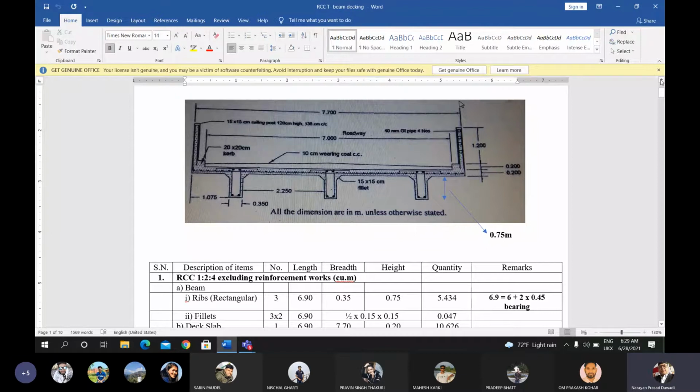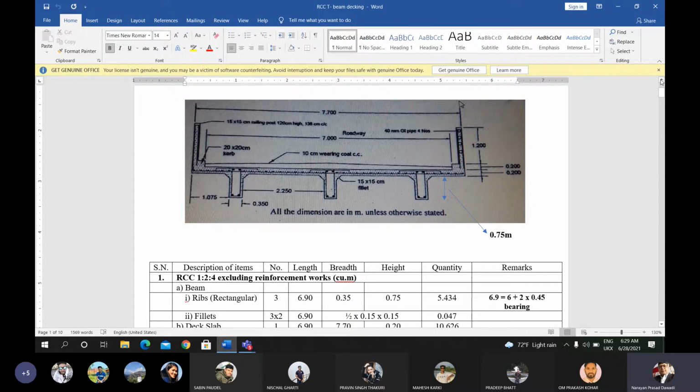It will be based on the total length of the bridge, which is 6.9 meter. The center to center distance is 138 centimeter. So 6.9 is divided by 1.38, plus one number is added for the initial point of the bridge. So the railing posts can be calculated for the single side.